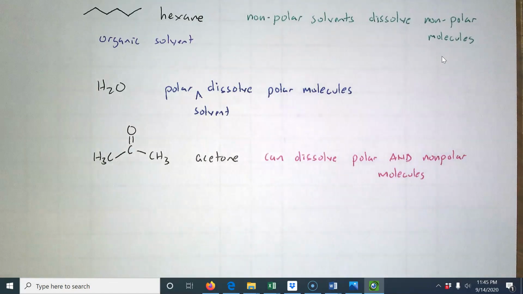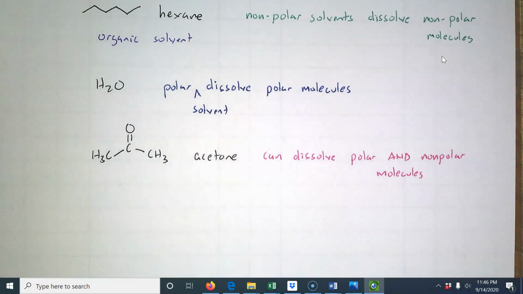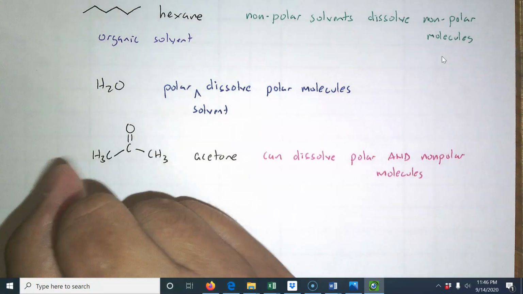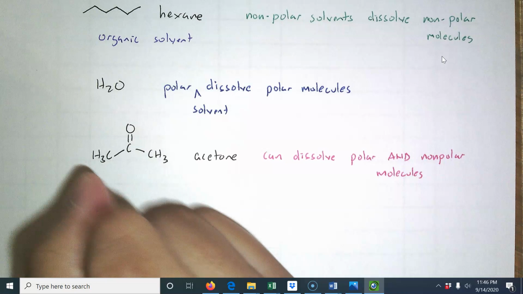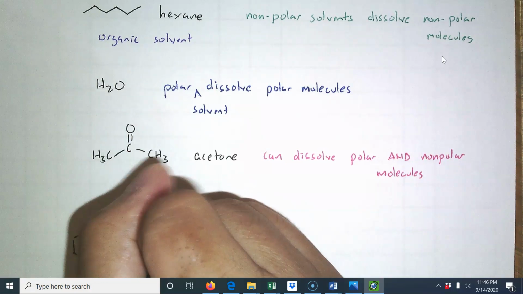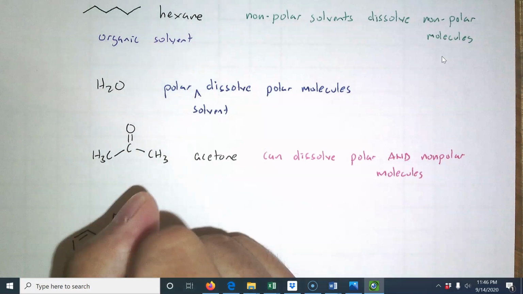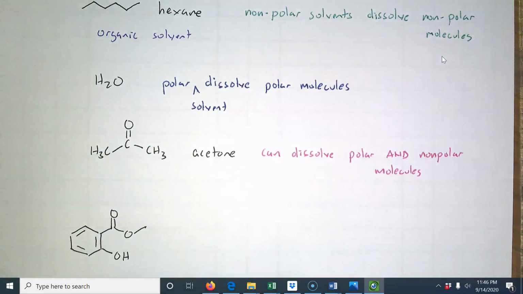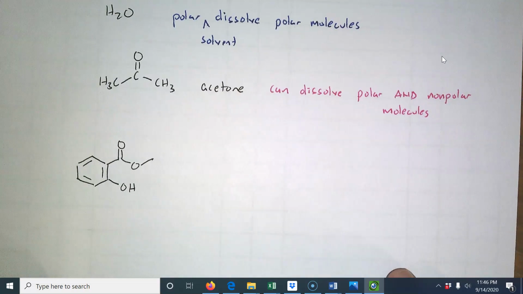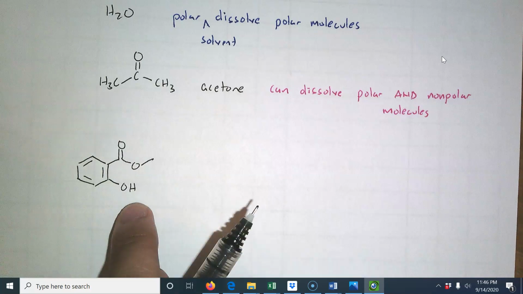Now let me show you an example of some tricks in organic chemistry where you can make a molecule that is organic soluble into a molecule that's water soluble. And the one trick is this. What is this? This is methyl salicylate. Okay, let me just double check.